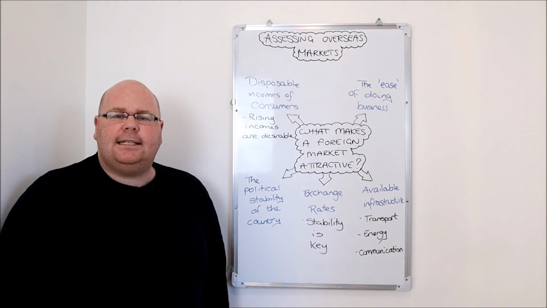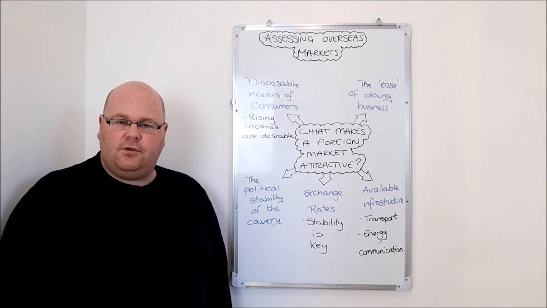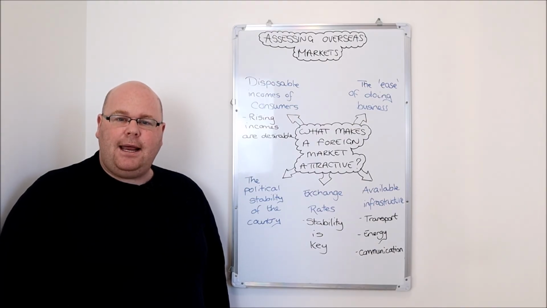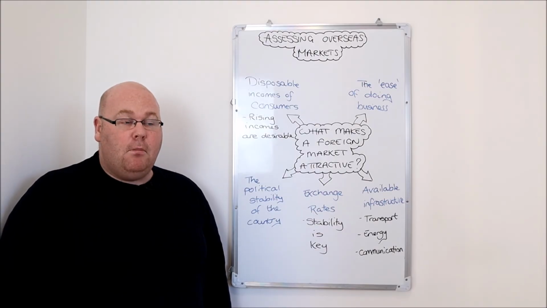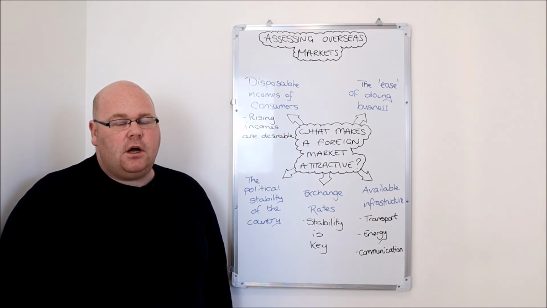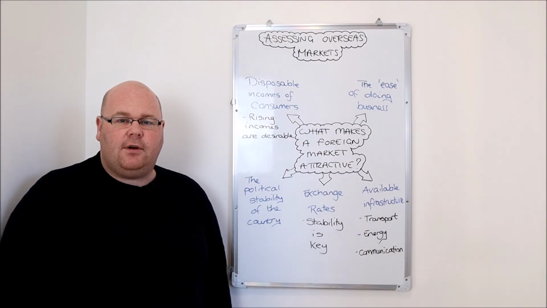Whereas if a nation has a stable, steady exchange rate, it just allows managers to plan their operations in that nation more effectively. So a country with a stable exchange rate might be an attractive place to go and do business.